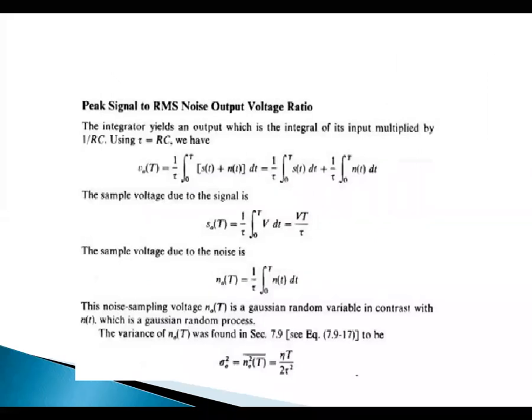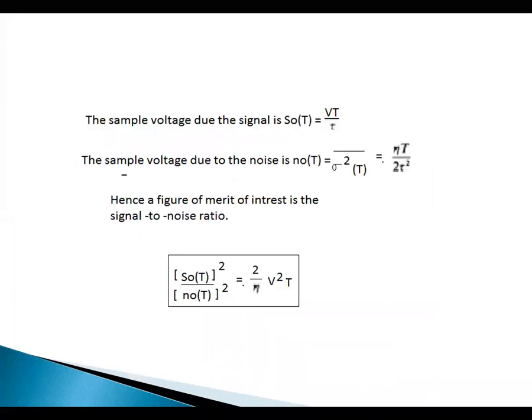Okay. So that analysis you have already studied. S naught of t is the output of the signal, N naught of t is the output voltage of the noise, and there is the signal to noise ratio. So that is the sample voltage due to the signal, S naught equals V t by tau.